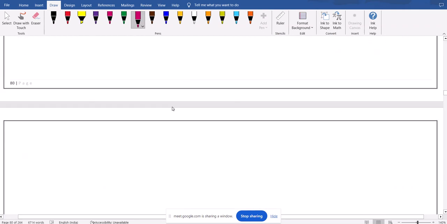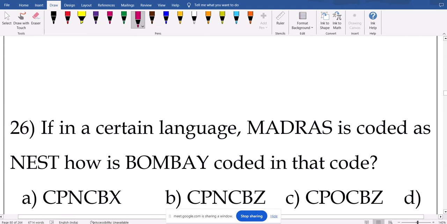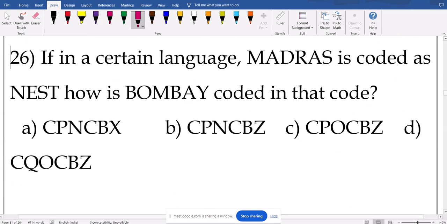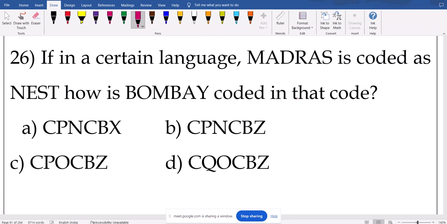So next question. What's the answer for this? Some letters are missing, right? There is a mistake in the question, sir. Let it be, but we can understand actually. They have given it for alternate letters.